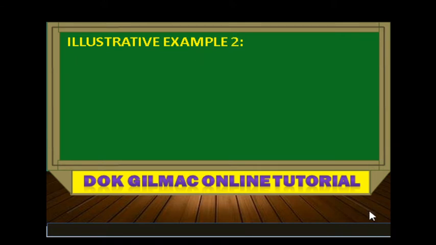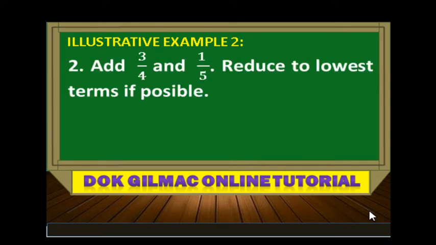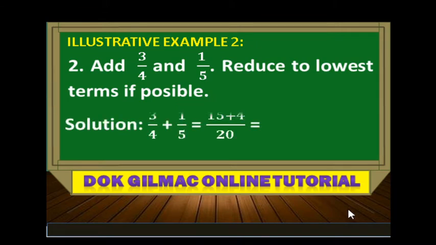Let's have illustrative example number 2. Add 3/4 and 1/5. Reduce to lowest terms if possible. 3/4 plus 1/5. Take note, the LCD of 3/4 and 1/5 is 20.